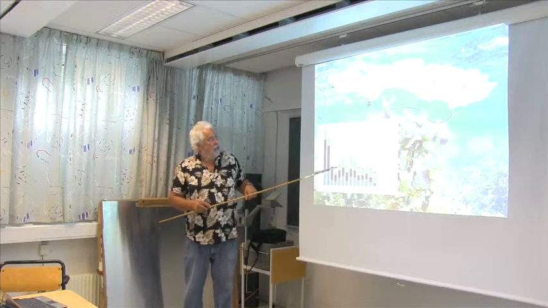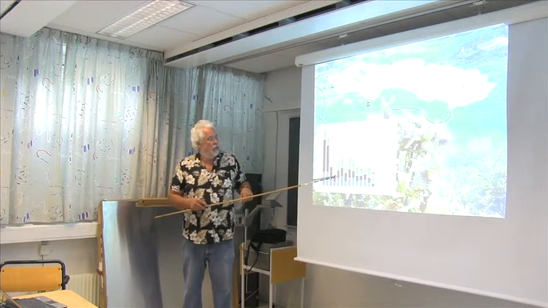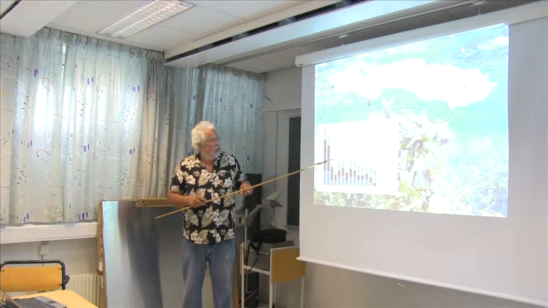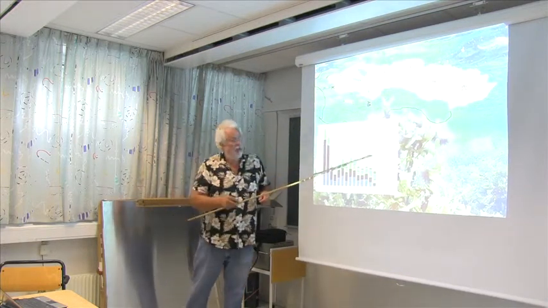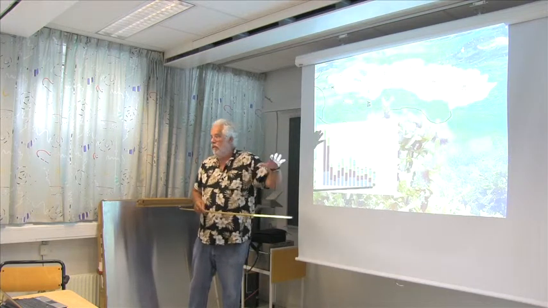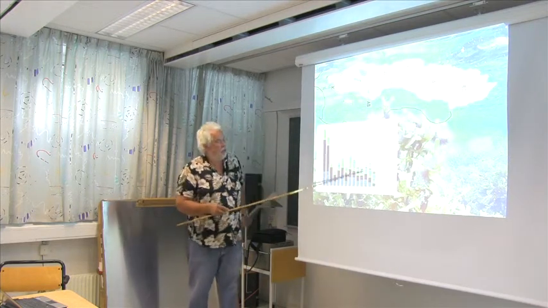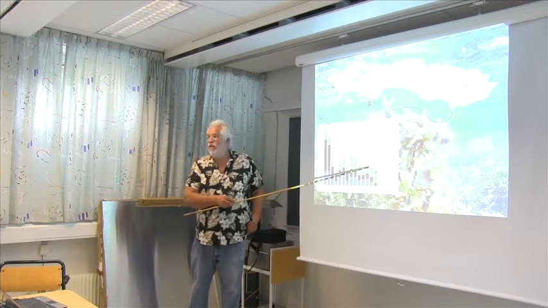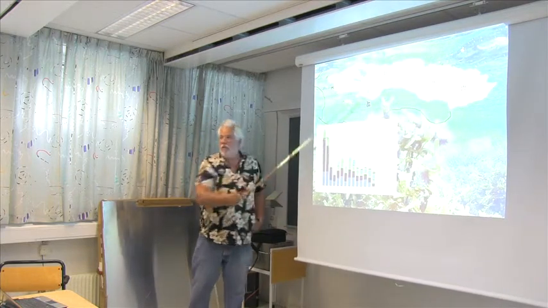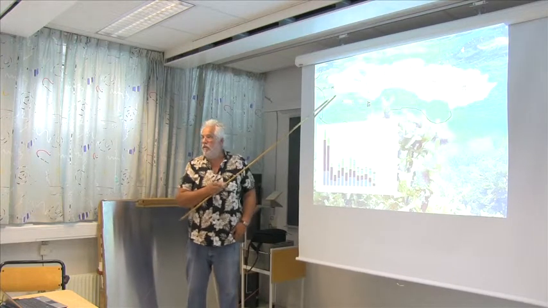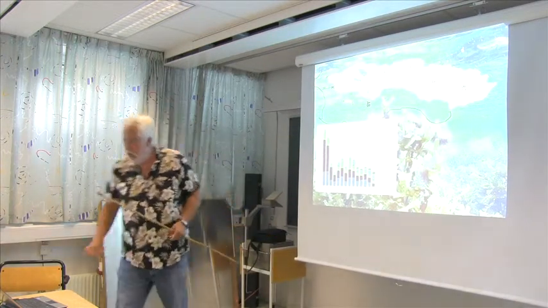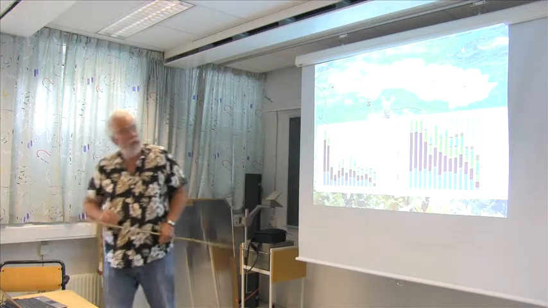But the interesting thing with this graph is that once we are in the Baltic Sea, the number of species is about the same all over the area. So we have about as many species in the northernmost parts of the Bothnian Sea as we have in the southern part of the Bothnian Sea. This is very important to remember.